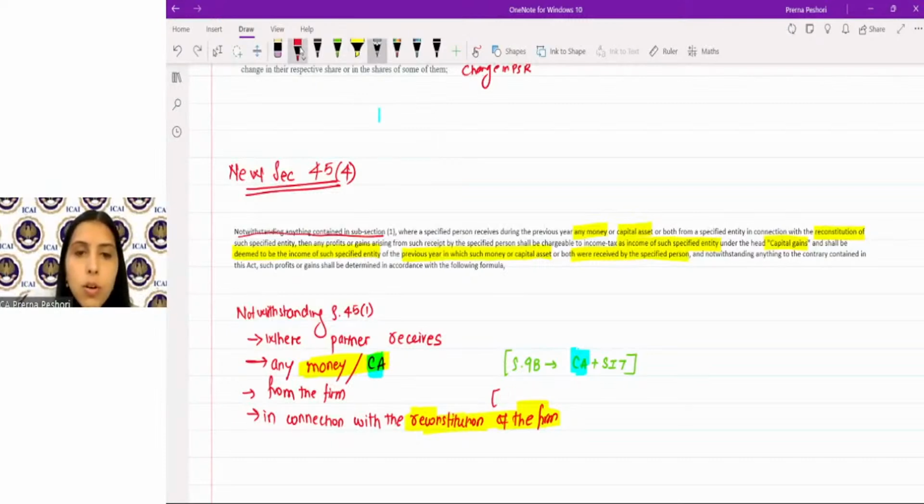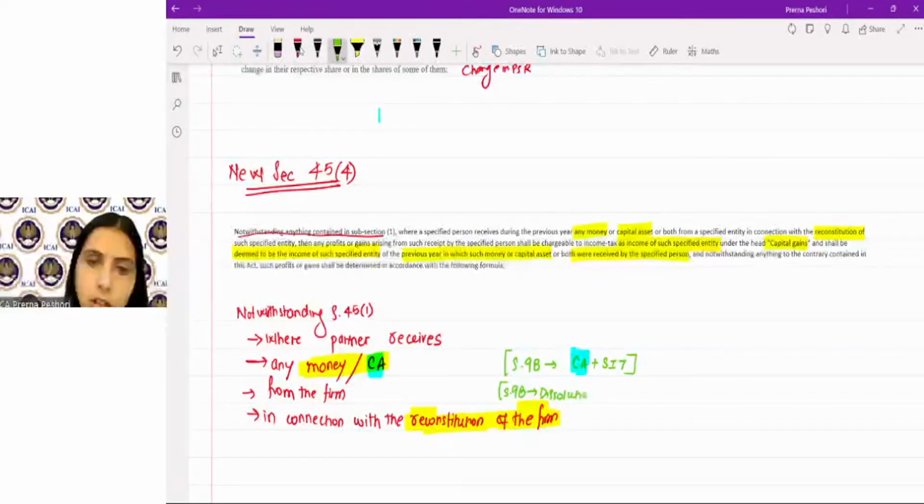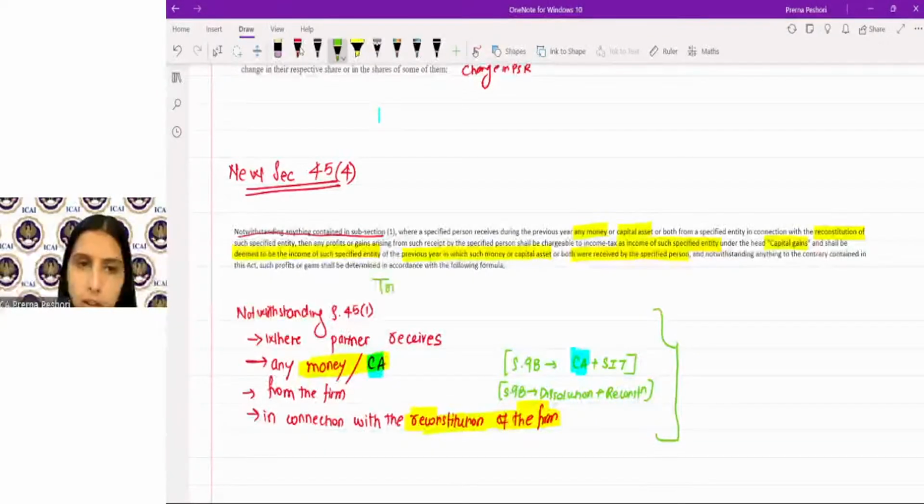Section 9B also covered dissolution plus reconstitution. Here only reconstitution is covered. Clear? So this is your trigger. This is my trigger. So where a partner is receiving any money or capital asset from the firm in connection with the reconstitution of the firm, the event is the reconstitution of the firm.